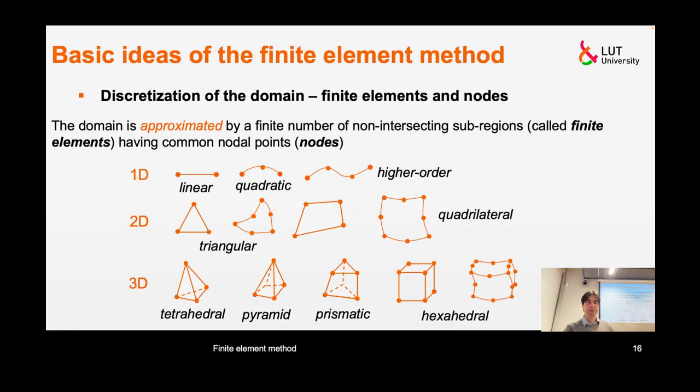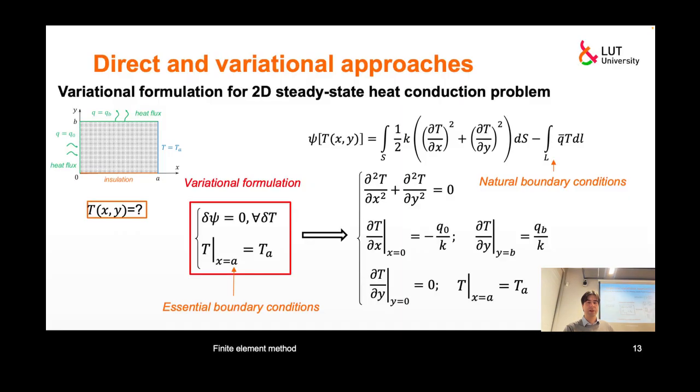Let's for a moment take a break and look into this variational statement. So variational statement says about first variation of my functional. Functional for this heat conduction problem includes only first derivatives of temperature with respect to coordinates. That is different from our direct or strong formulation that we introduced earlier, because this one includes second order derivatives.